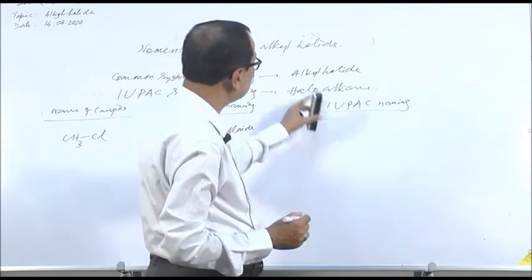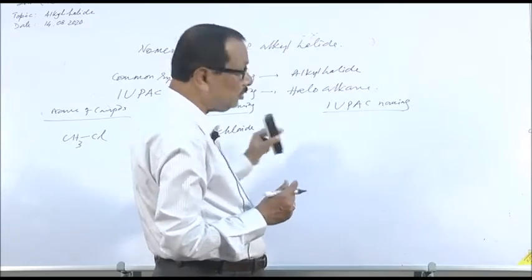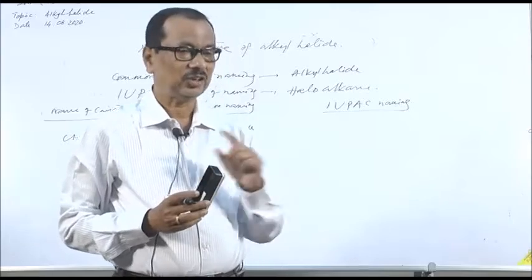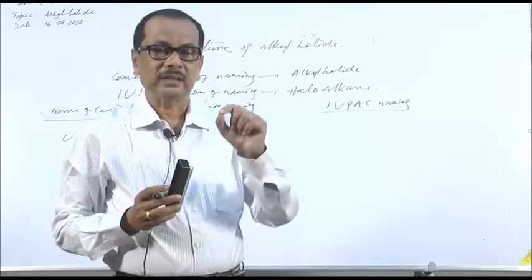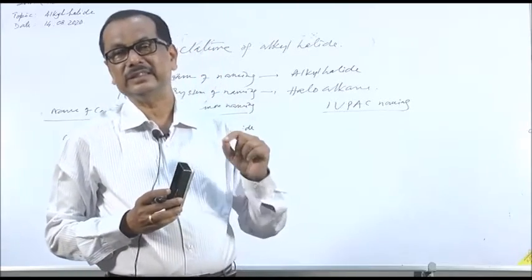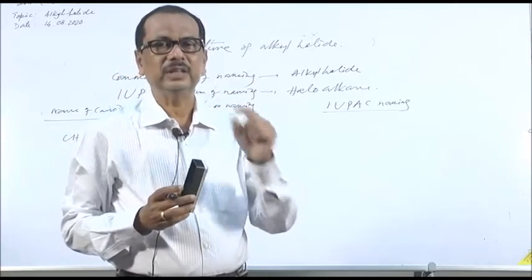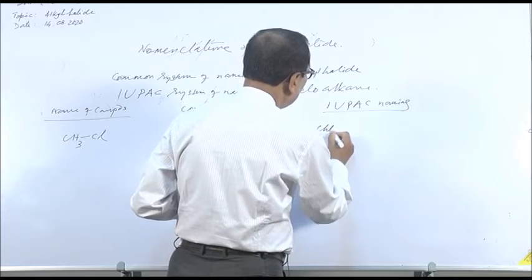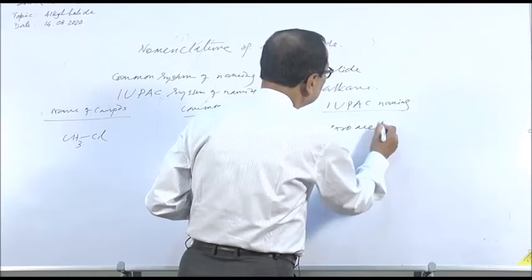According to IUPAC, it is a haloalkane. The halogen is treated as a substituent, not as the functional group. Therefore, the name of the halogen is written as a prefix to the parent hydrocarbon, so it is called chloromethane.